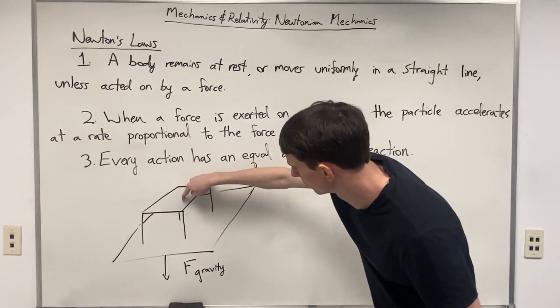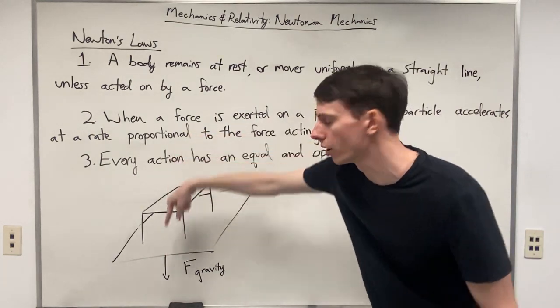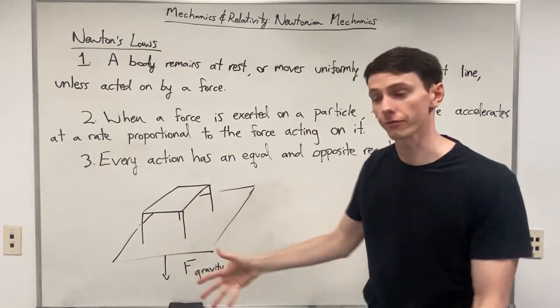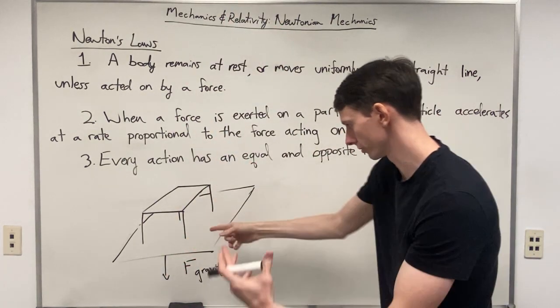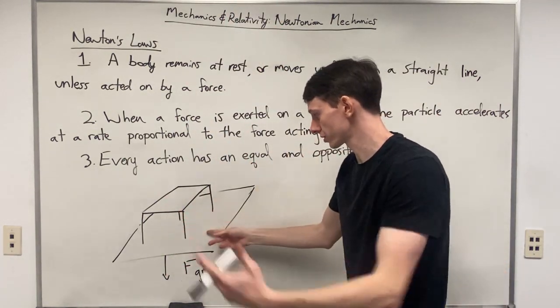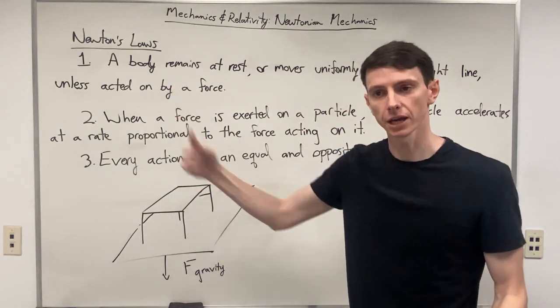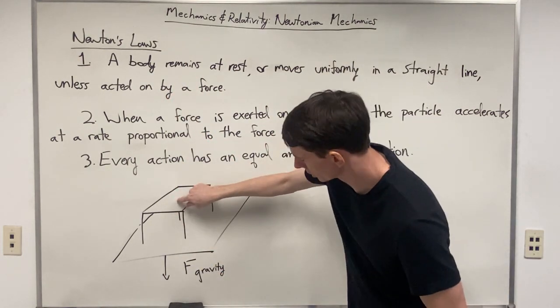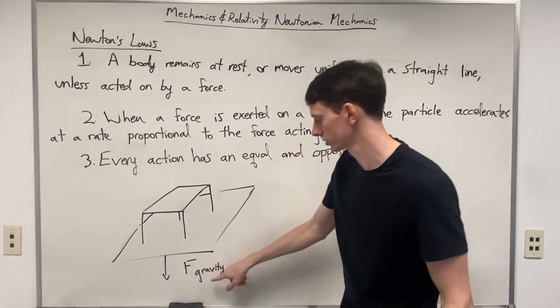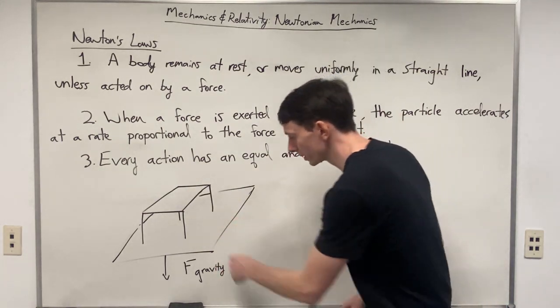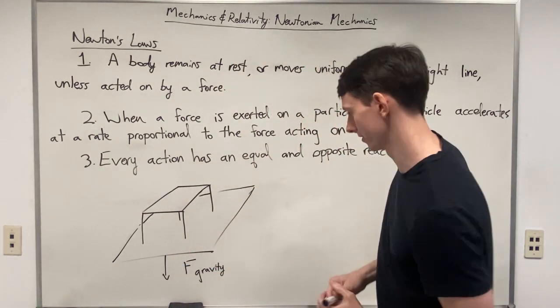Right now, the table is pushing down on the ground because of gravity. It's causing the table to get pushed down on the ground, but because of Newton's third law, the ground is going to also push up on the table. So the table doesn't just experience a force from gravity, it also experiences a force because the ground is pushing up on the table.